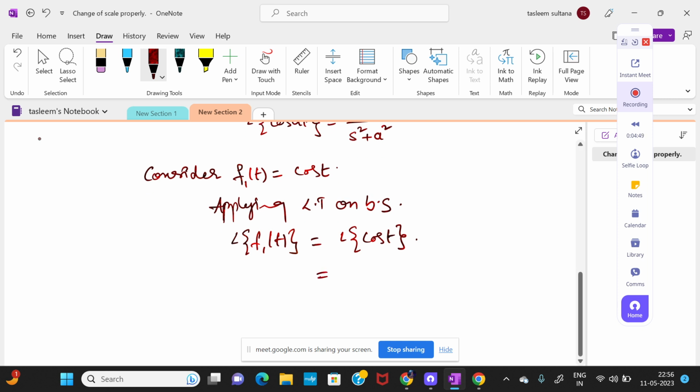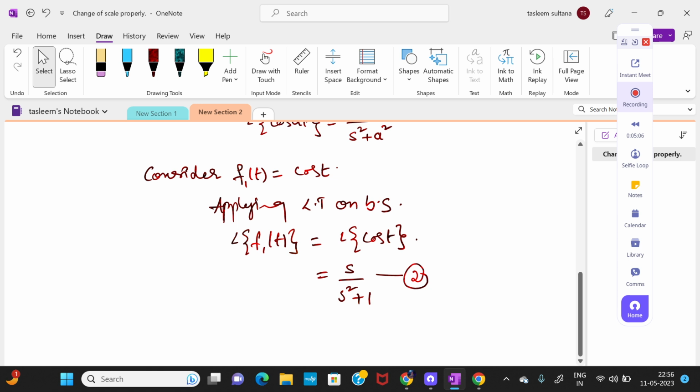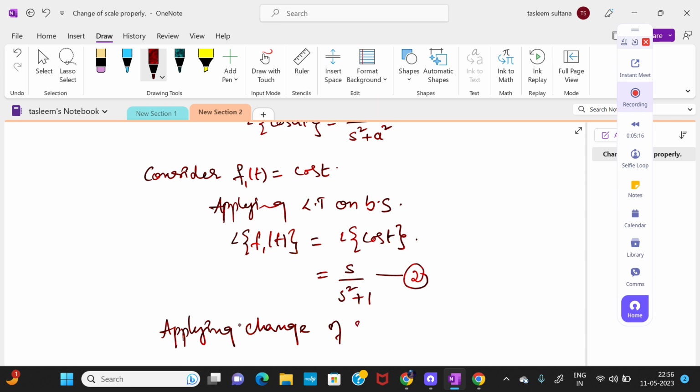What is your a value here? a is equal to 1 here. So it is s divided by s square plus 1. This I will make equation number 2. To equation number 2, I will apply the change of scale property.